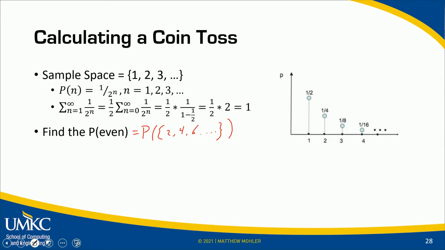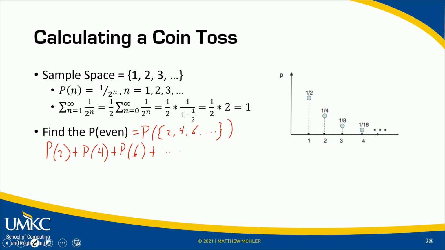Now, to do this another way, we can use our additivity laws that we developed in a previous segment to say that the probability of this set is actually just equal to the probability of 2 plus the probability of 4 plus the probability of 6, so on and so forth.